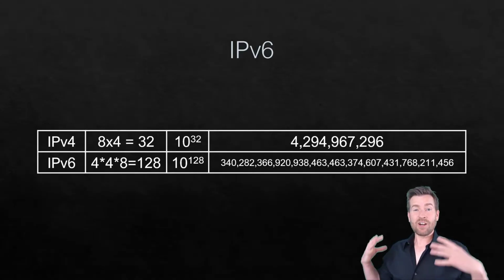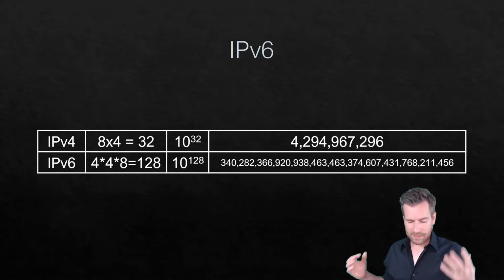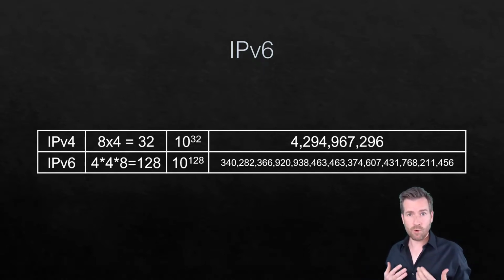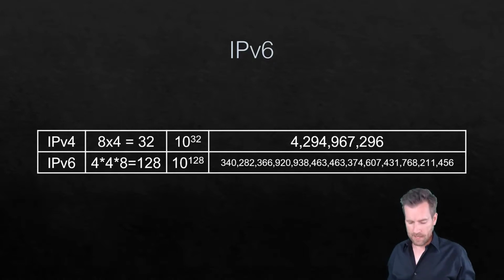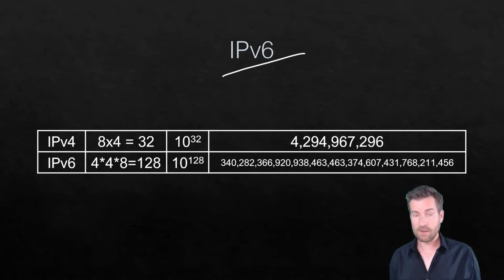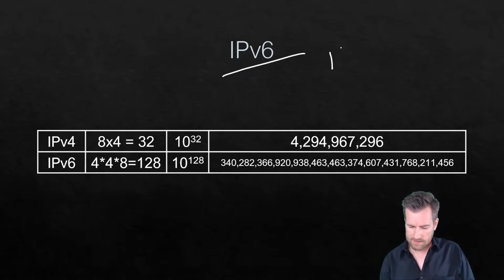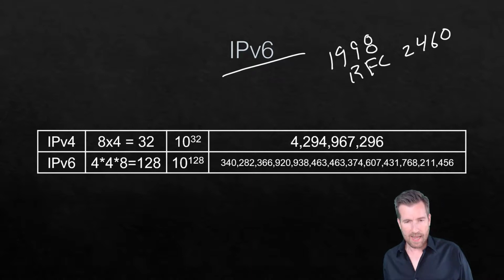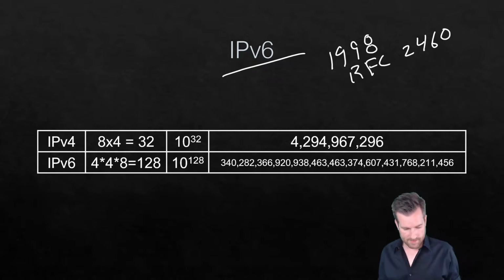So yet after all of those mechanisms that we put in place, we still have issues, and we still use IP version 4 to this day, but we've been implementing and trying to implement for quite a while IP version 6. IP version 6 was first defined in 1998 by RFC 2460, and there's been several iterations since then.